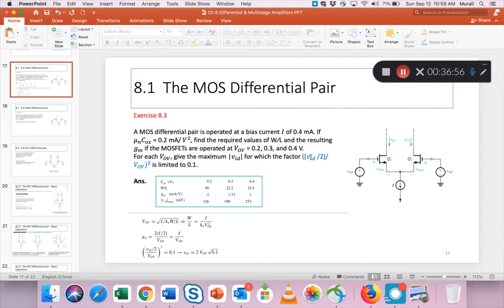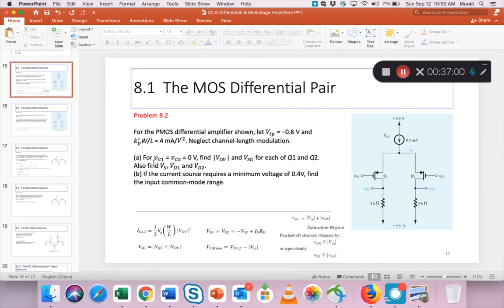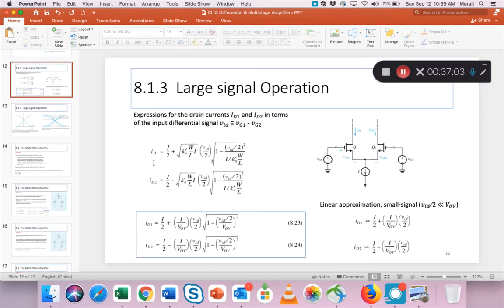Now where did this VID by 2 thing come from? That's because in one of the formulas for the current, there is this VID by 2 by VOV. So he's talking about these two formulas that tell us what the currents are in each of the devices as a function of that input voltage VID, the input differential voltage.